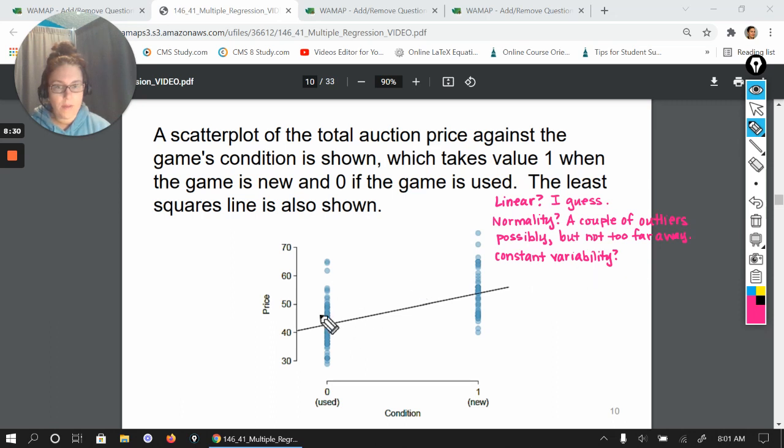Pretty much yes. The same amount of data is on either side of the line. And then how about independence?